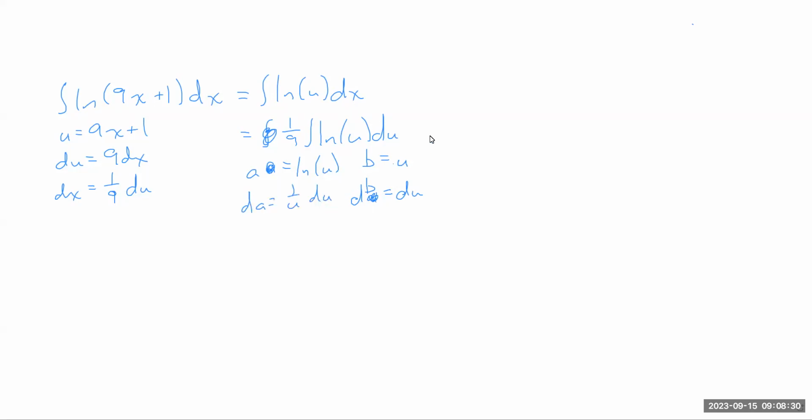So following that, this integral should be ab: u natural log of u, minus the integral of u times 1 over u du.